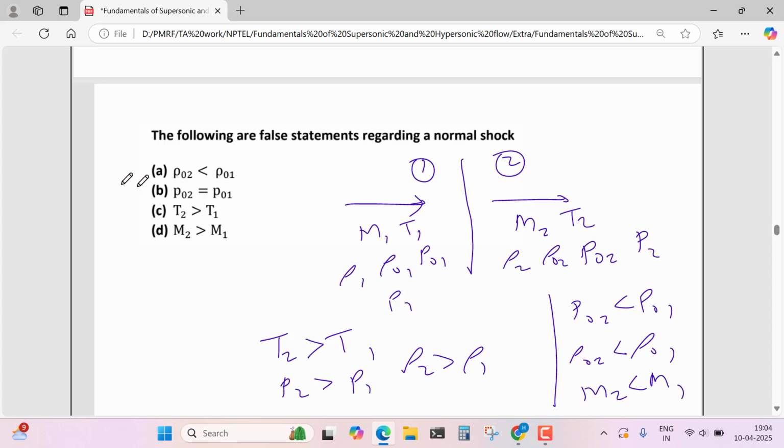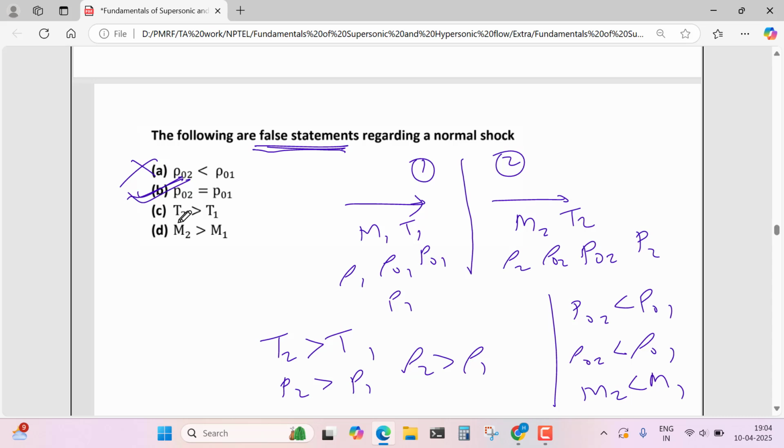So option A, if you see rho naught 2 is less than rho naught 1, it means total density is decreasing, which is correct. But you have to find a false statement, so this will be the wrong option. Option B, P naught 2 equal to P naught 1, but this is not true. P naught 2 is less than P naught 1, so this is a false statement and a correct option for this problem.